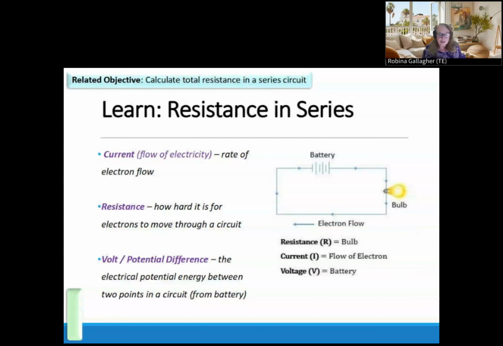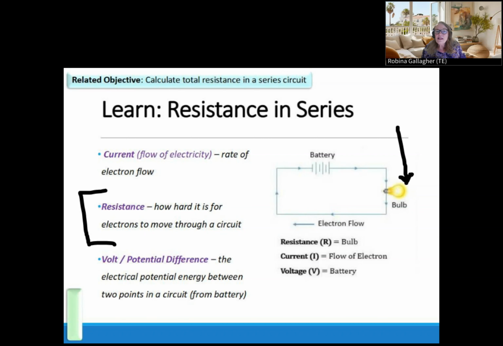So, back to resistance. Resistance is how hard it is for those electrons to get through a circuit. And remember that light bulbs, toasters, hair dryers, anything that uses electricity to make a different type of energy, those are resistors, right? And the more resistors there are, the more resistance there will be.